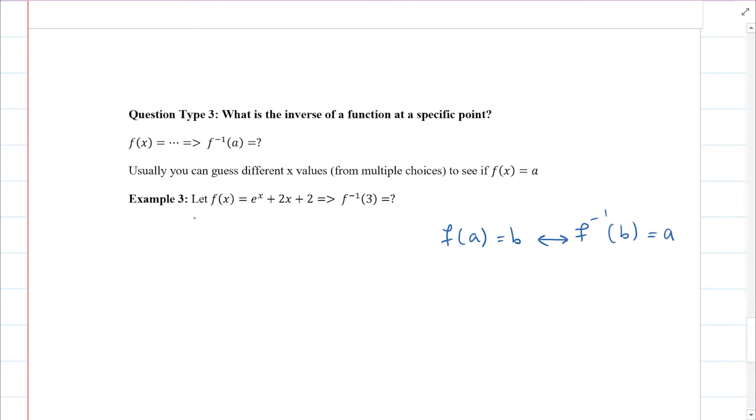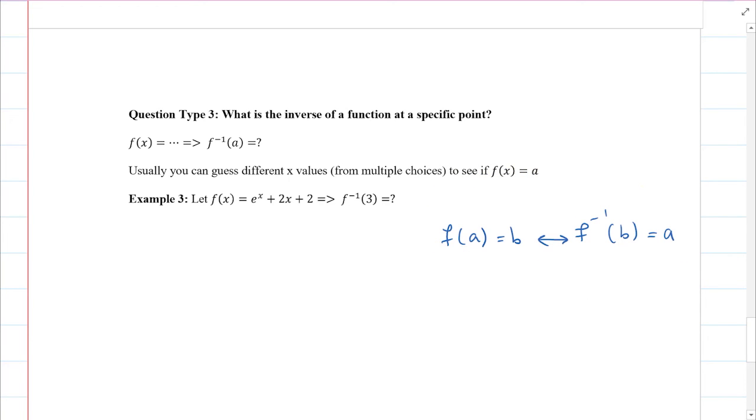So they ask you to find f inverse at 3 given that f of x is this. Well, in this case, it is almost impossible to solve for f inverse, simply because if I switch x and y here, I'm not able to solve for x, given the exponential and algebraic expression that I have here.